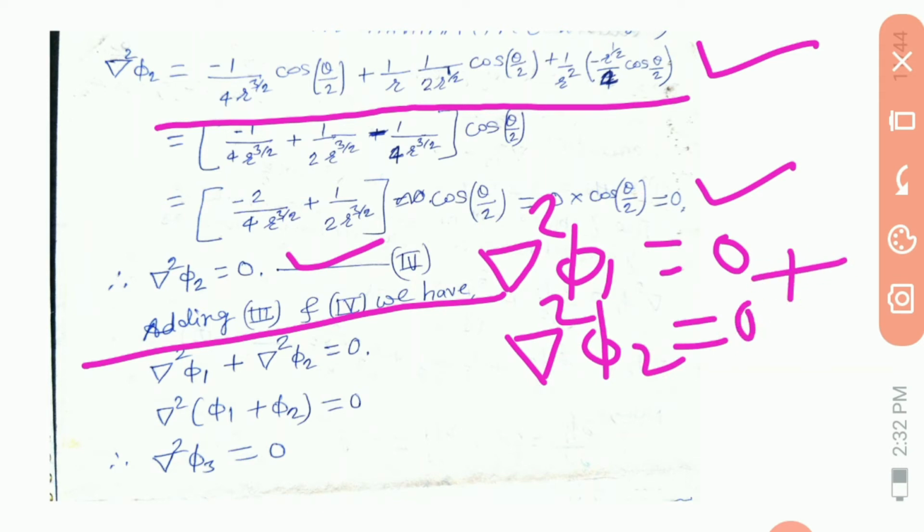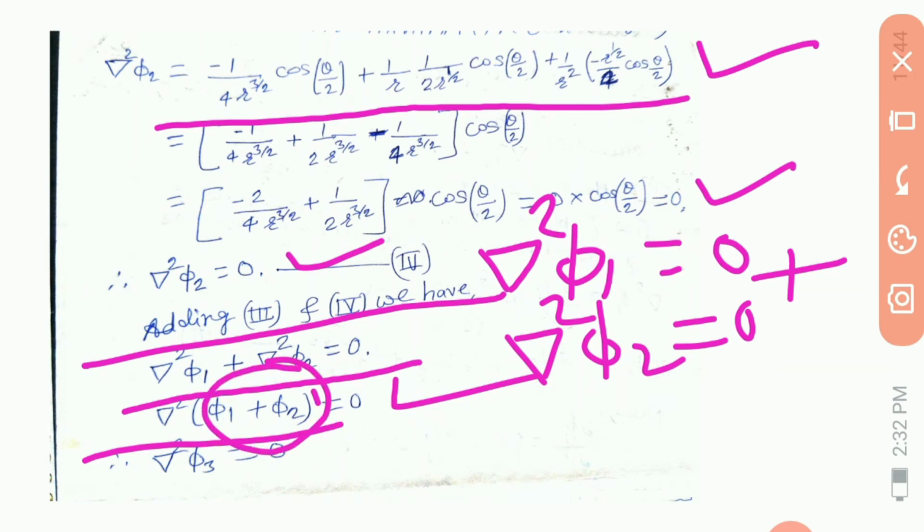If we add these two, we get del square φ1 plus del square φ2 is equal to 0. And so del square (φ1 + φ2) is equal to 0. If we take φ1 plus φ2 as φ3, so del square φ3 is equal to 0. Hence the solution.